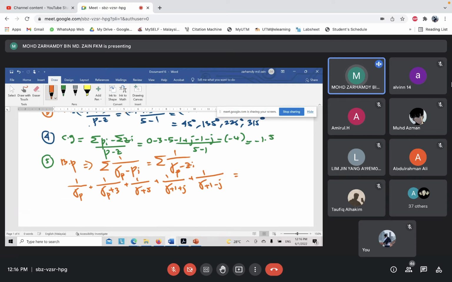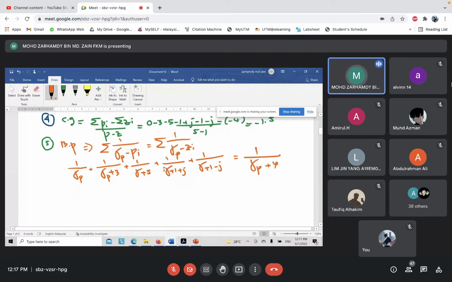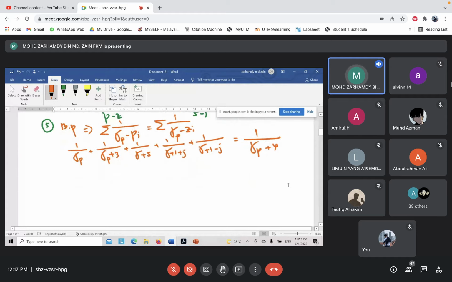So we have 1 over alpha p plus 4. Okay, use your mathematics experience because I think you are good students, excellent students, then please calculate this. And at last, I try to give the answer. You will get delta P is around negative 2.5.